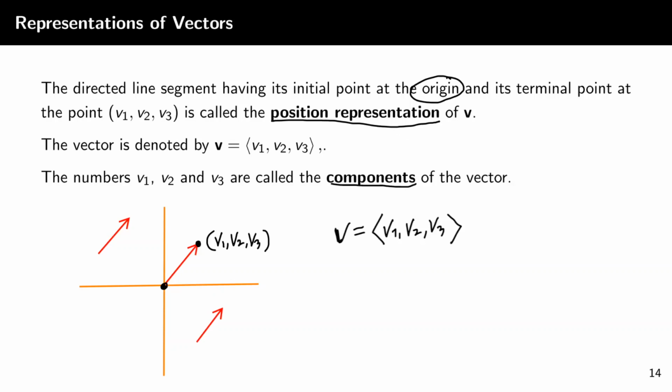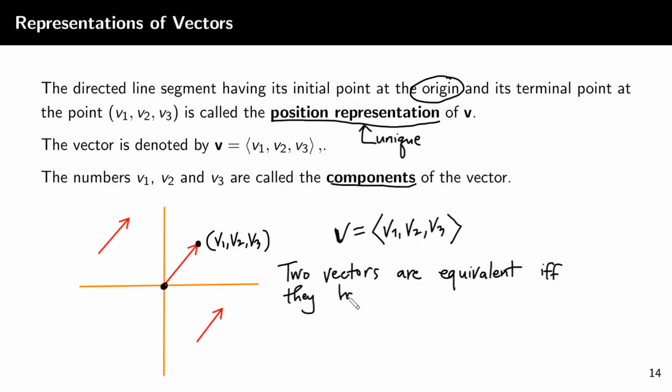Now, this position representation is unique. Any other vector with the same components will represent the same vector. So let's write: two vectors are equivalent if and only if they have identical components.